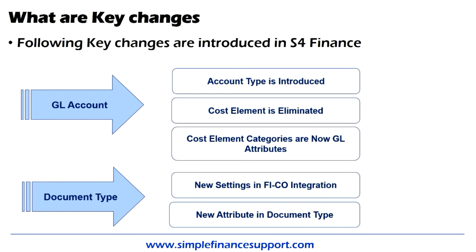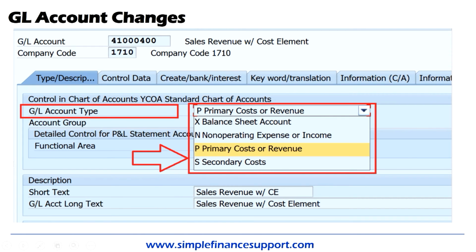And then a new document type setting is introduced. So there are new settings in the FICO integration area, and also new attributes in the document type. Let us look at the GL account changes. This is an example screenshot from the S4 Finance on-premise version.